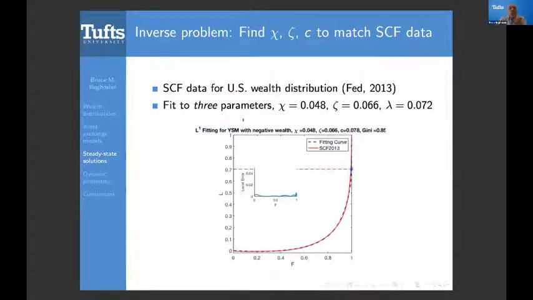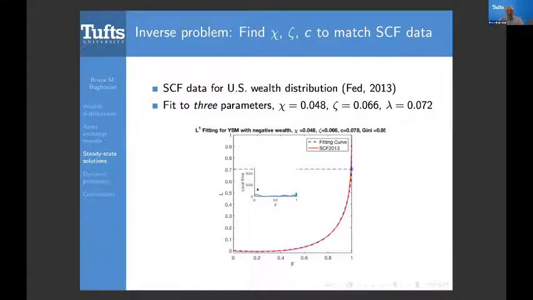With this 3-parameter model, the red curve is the Survey of Consumer Finances curve I showed you earlier. The blue curve, the dotted blue curve, is a solution to this model we call the Affine wealth model for these 3 parameters.